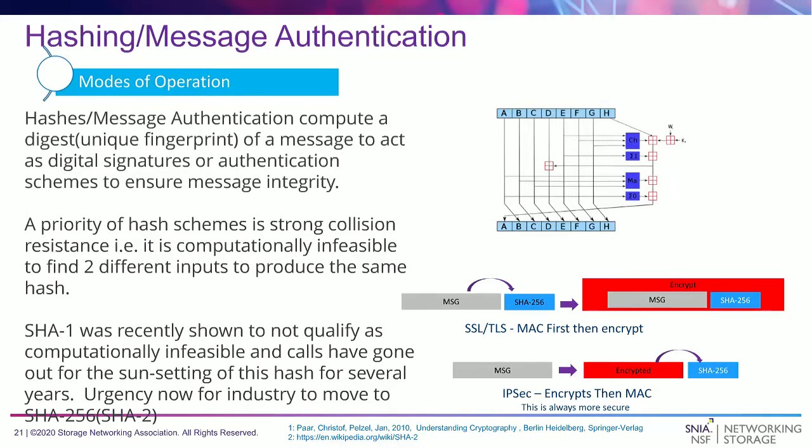Okay, so you also might hear of hashes or message digests. One thing to note here, the hash or the message digest is really used as a fingerprint over the data. So what you want to do is create a unique fingerprint across your data.